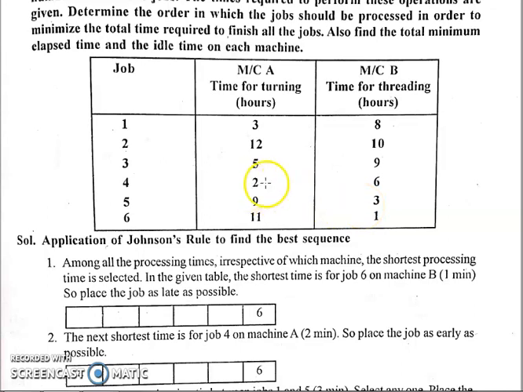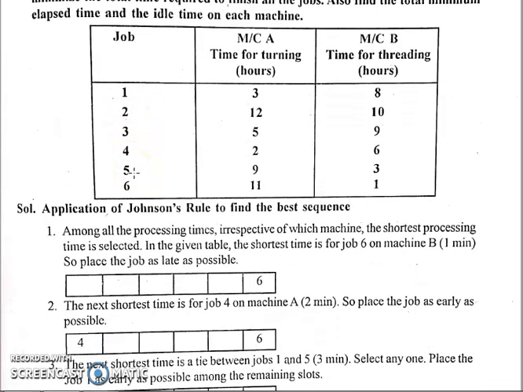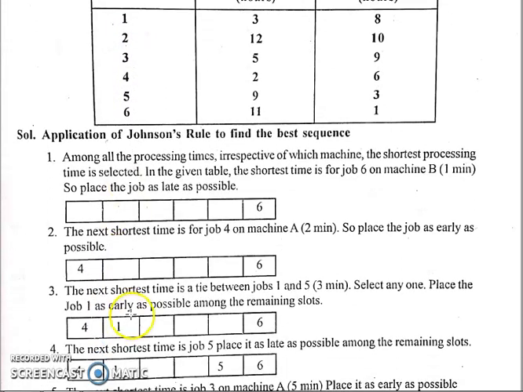This is on machine A, this is on machine B. That's why I will select this one. So now if the minimum time is on machine A, this particular job should be as early as possible, or on the left hand side. So I will take job 1 on the left hand side. See, the job 1 is on the left hand side. After 4, next one.